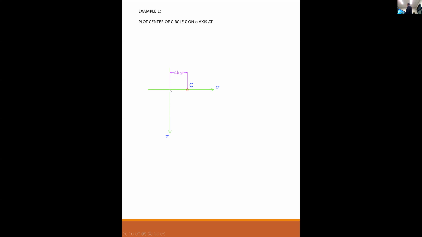So on here, I measure over 4 ksi. If you're using graph paper, it's real easy to just go 4 units over. When I draw it in CAD, I'll say every inch is equal to 1 ksi, something like that, and I'll draw it to scale. However you draw it, you go 4 units over, that's 4 ksi, that's the center of your circle.